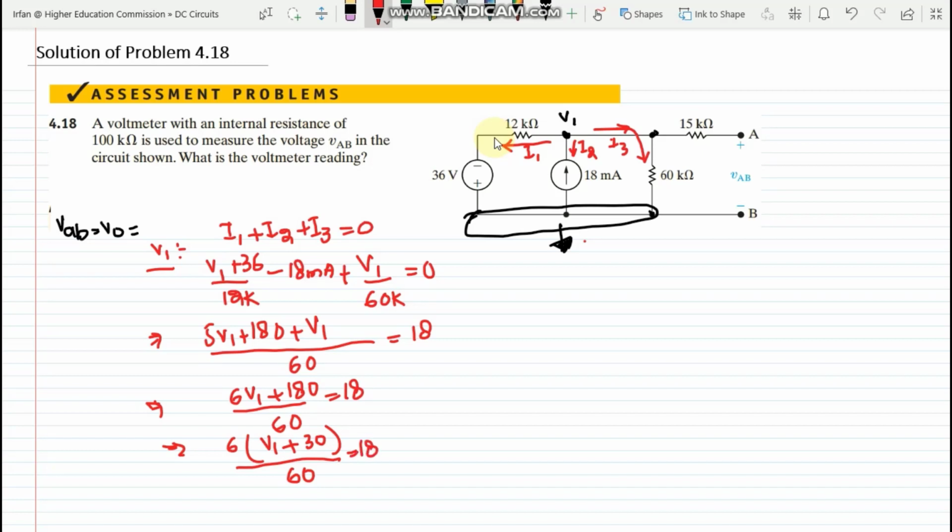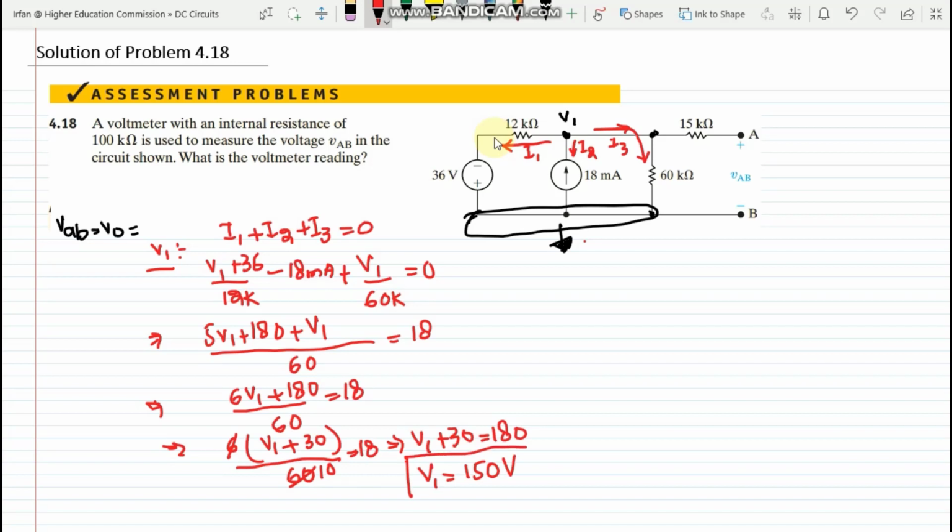Okay, so this would be 10 multiplied by 180, it will be v1 plus 30 equal to 180, or the value of v1 will be 150. Okay, subtracting 30 from both sides, I will get here 150.